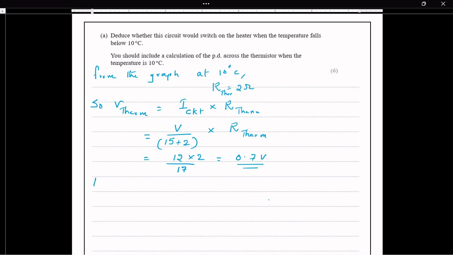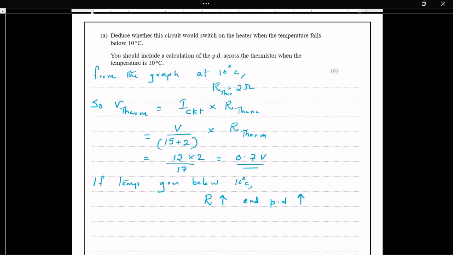So you can write: if temperature goes below, R increases and PD increases.